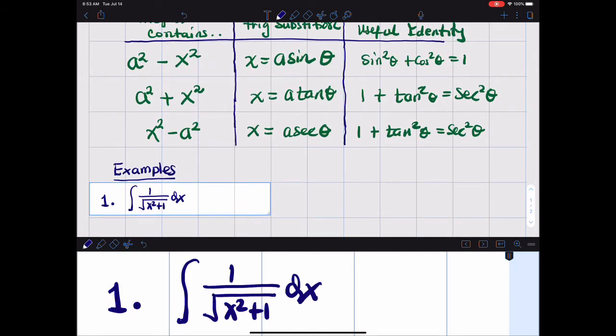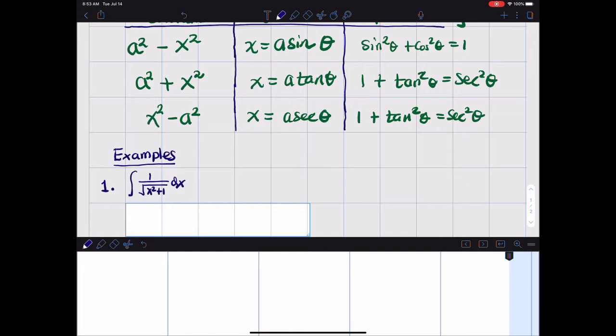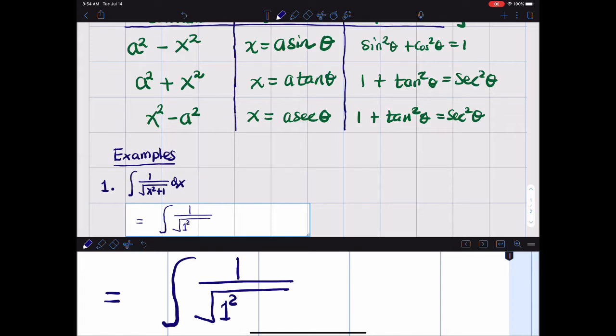Now, think about it as x squared plus a squared, or a squared plus x squared, where your a in this case is 1. So I'm going to rewrite it for us to clearly see how it fits into one of our categories. We can write it as the integral of 1 over square root of 1 squared plus x squared dx. So our a clearly is 1.